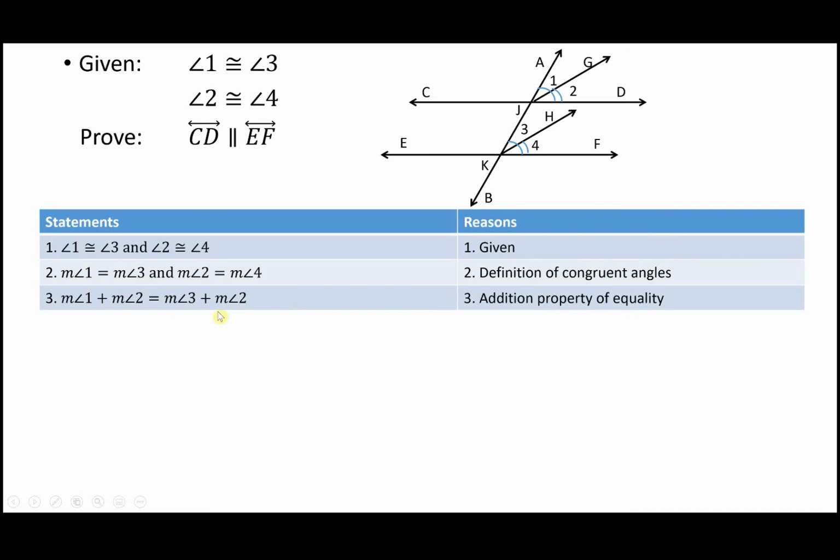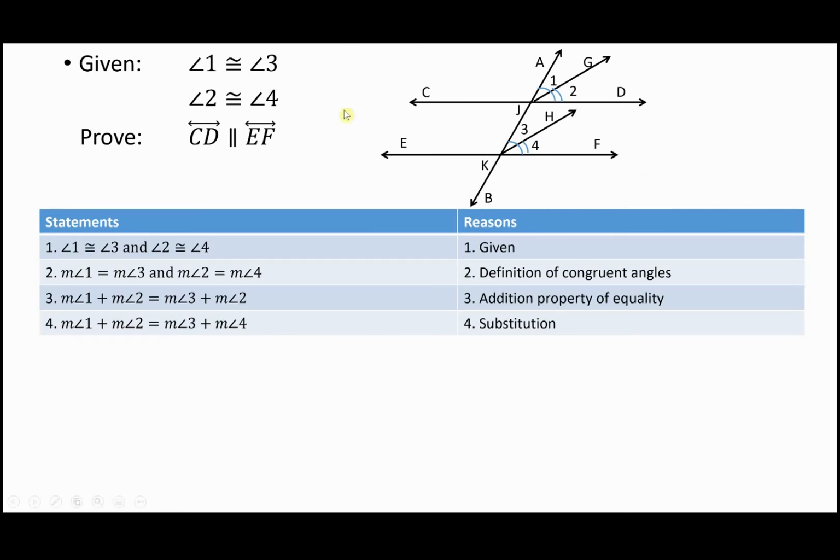It looks like I would assume in the next step we would probably replace this measure of angle 2 with measure of angle 4, and then we're going to get something legit to spring off from there in order to eventually get to these collective angles being congruent. Okay, but let's just see. Yes, that's what I was thinking.